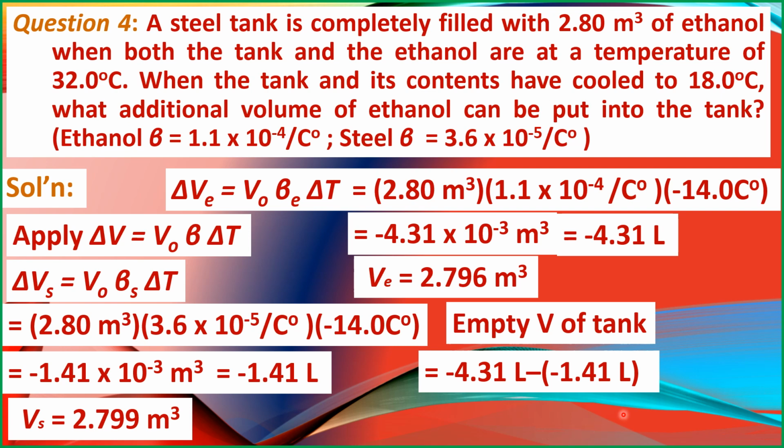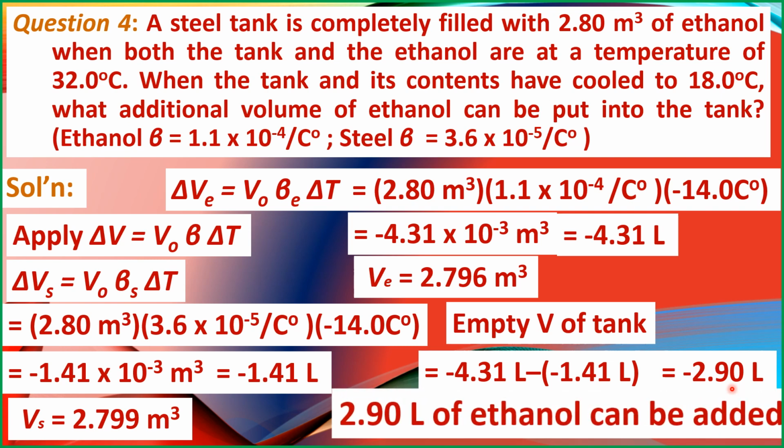So what we get is the value negative 2.90 liters. What does this mean? This is the amount of ethanol that can still be added to the steel tank so that it will also be completely filled just like what it had initially. 2.90 liters of ethanol can be added.